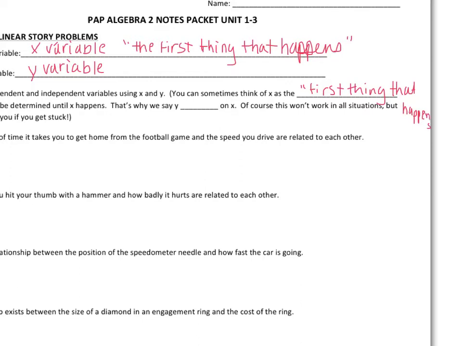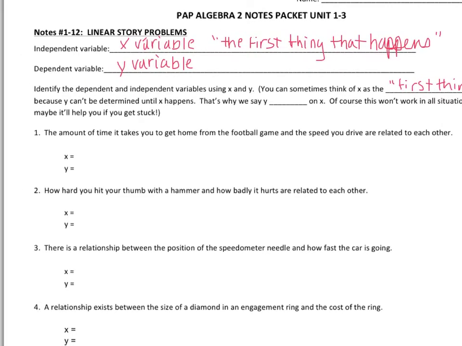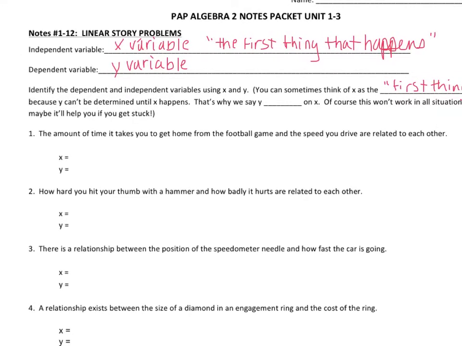Okay, and because y can't be determined until x happens, that's why we say that y depends on x. Of course, this won't work in all situations, but maybe it'll help you if you get stuck.